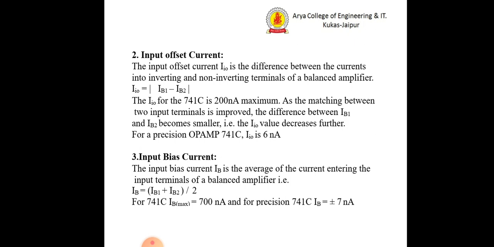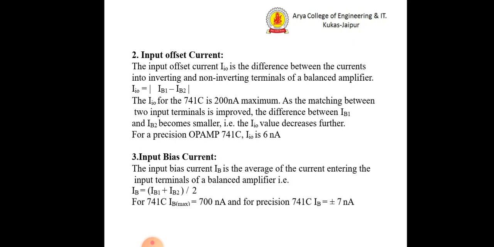The third parameter is the input bias current. The input bias current, denoted by IB, is the average of the currents entering the input terminals of a balanced amplifier. So the average means IB1 plus IB2 upon 2.